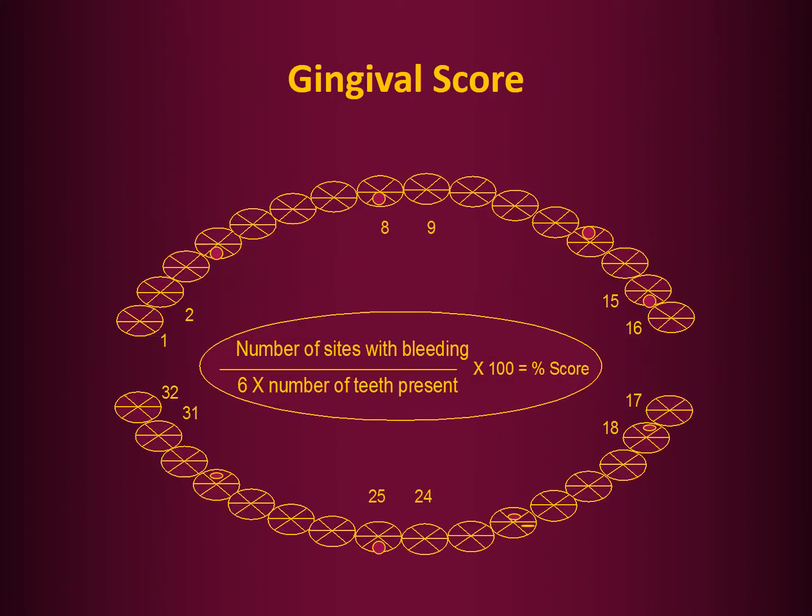The gingival score is similar to the plaque score. The gingival score measures the number of sites with bleeding, again divided by the number of surfaces that are present.